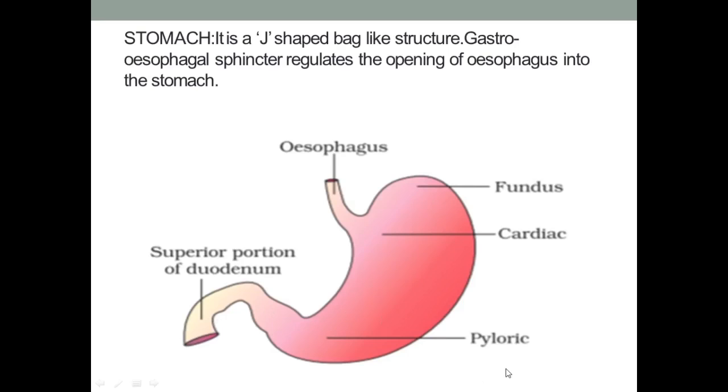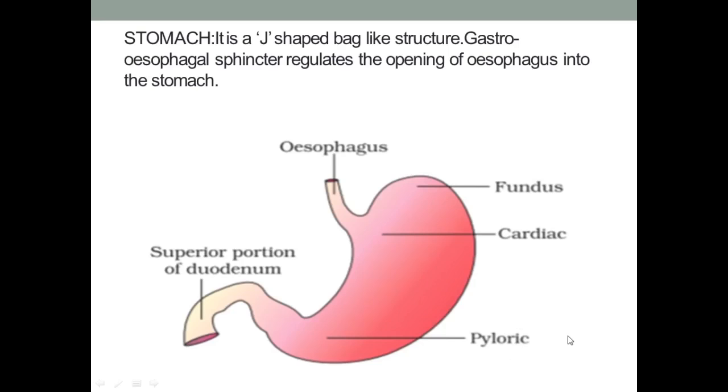Once the stomach completes its digestion process, it sends the partially digested food and digestive juices from the stomach into the small intestine. What the pyloric sphincter does is prevent re-entering of the food into the stomach. That means it prevents the backflow of the food.